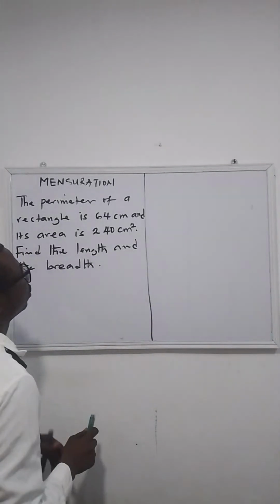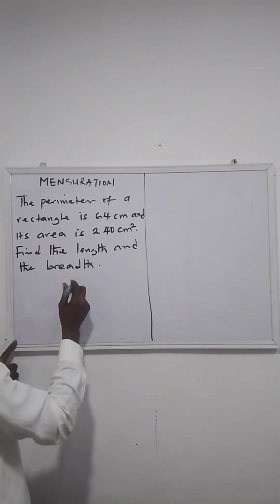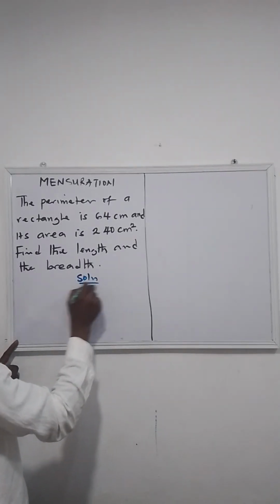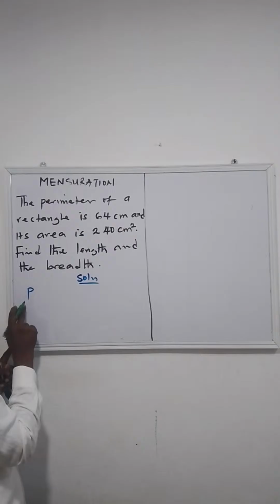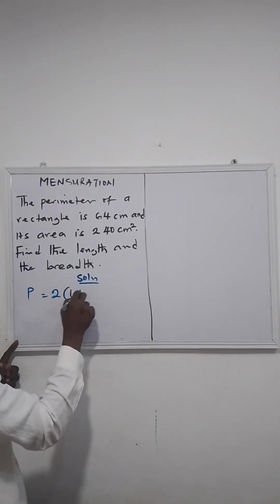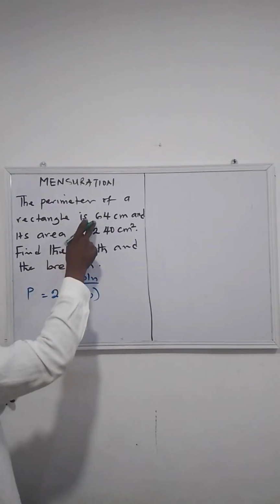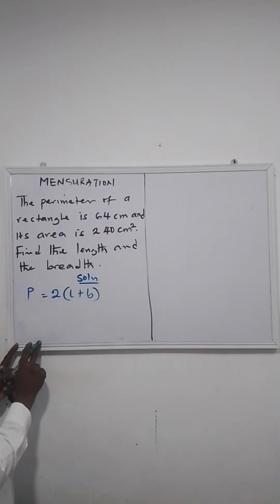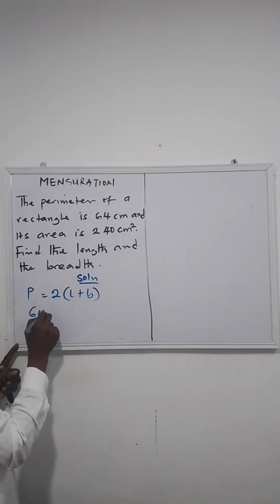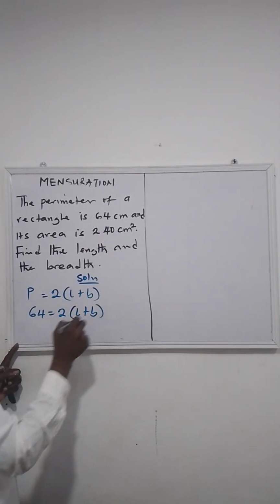The first thing is to bring out the formula for the perimeter of a rectangle, and that is perimeter P equals 2 times length plus breadth. We have been given the perimeter to be 64, so we have 64 equals 2 times (L plus B).